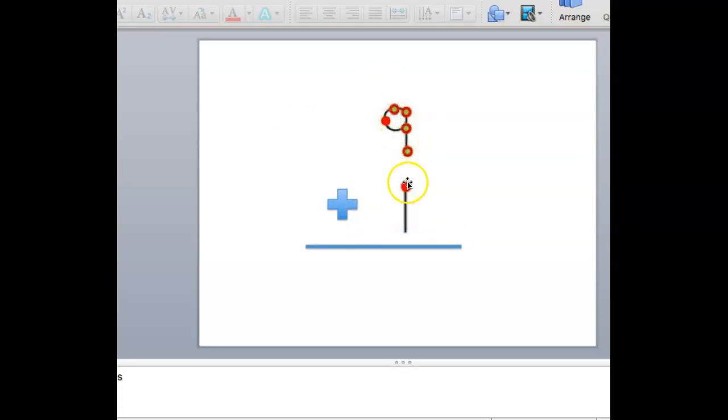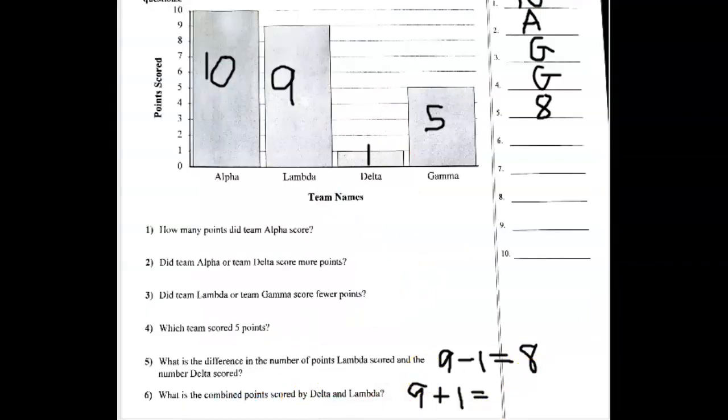So you're going to go 9, 10. So 9 plus 1 equals 10. So you're going to write 10 on line 6.